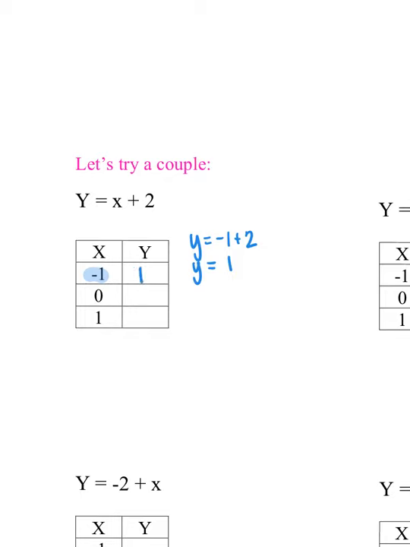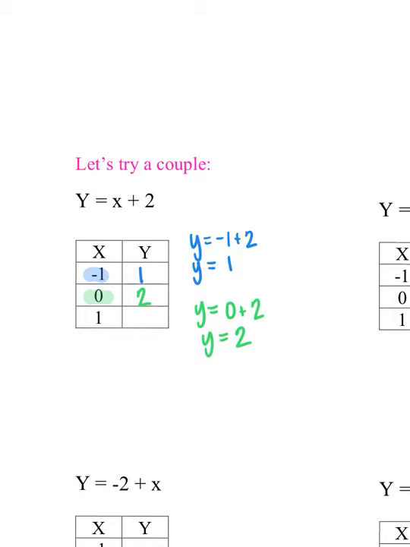I'm going to put a 1 there. The next one, x equals 0: y equals 0 plus 2, y equals 2. Put a 2 here.